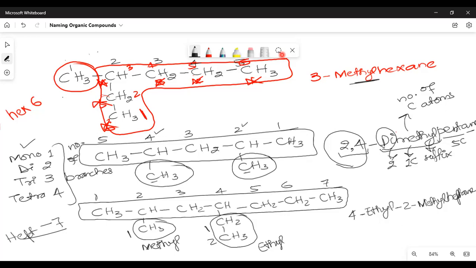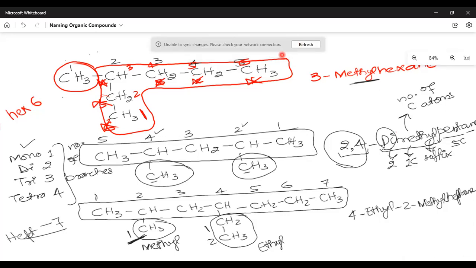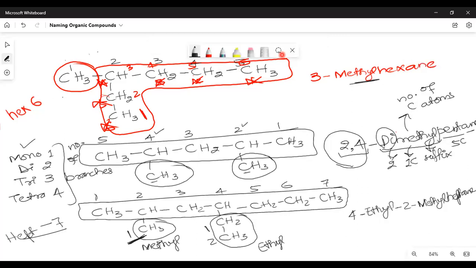Wait, because it's methylheptane, isn't meth for one carbon? Yeah, and that's the one carbon in this branch. This is the one carbon I'm hinting at. This branch has only one carbon atom. So this one is methyl.